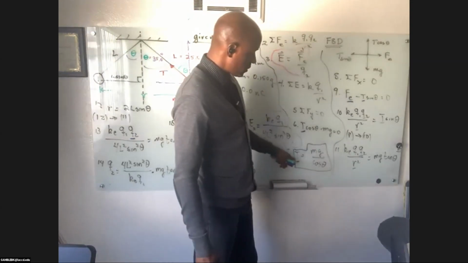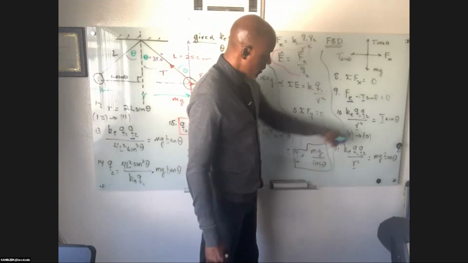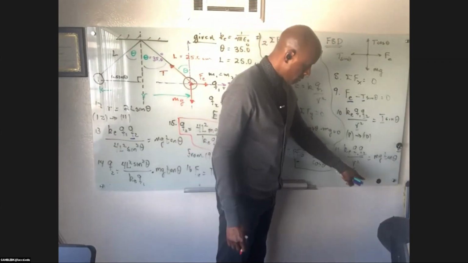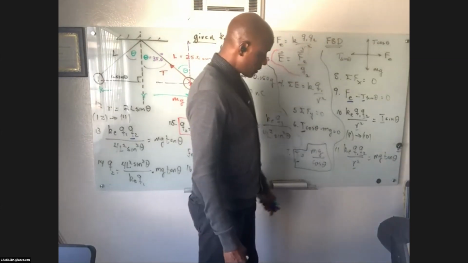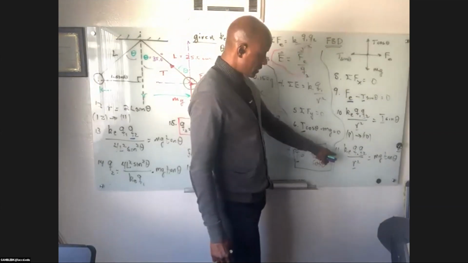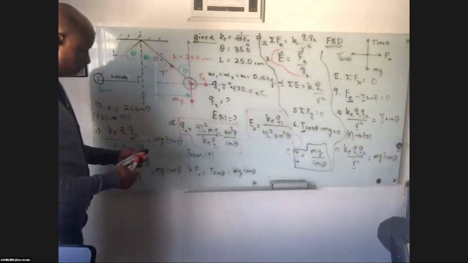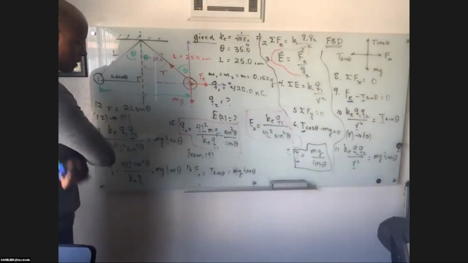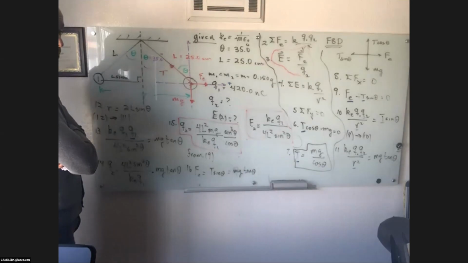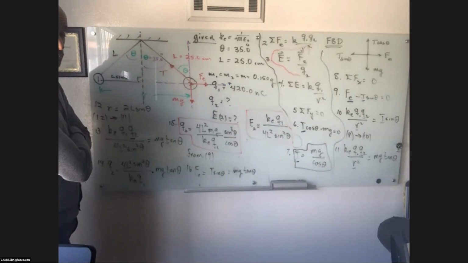Okay, and so I take T and plug that in there, and T is going to be mg tan theta. Basically, it's equation 11, but I just wrote equation 11 as Fe. Got that? Yeah, got it. You got that? Yep.